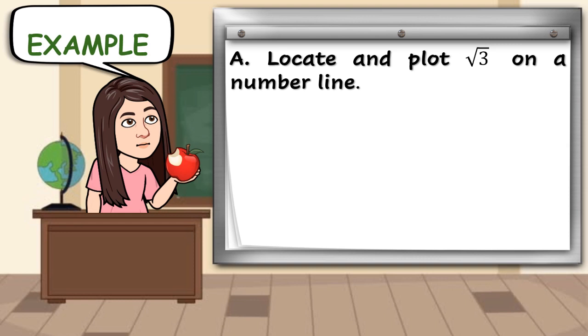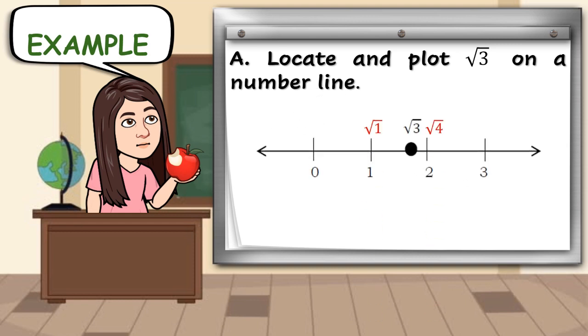And these are 1 and 4. Thus, square root of 3 lies between square root of 1 and square root of 4. And since 3 is closer to 4, we will then plot square root of 3 somewhere closer to 2, which is the principal root of square root of 4.